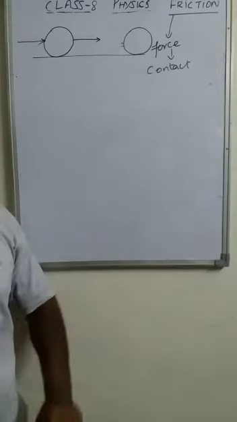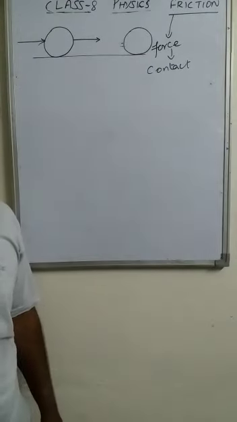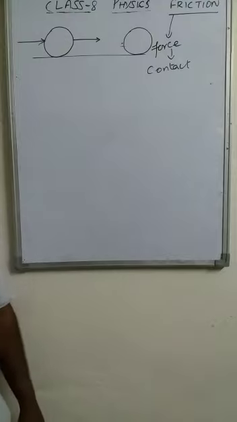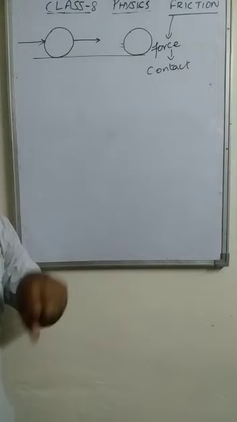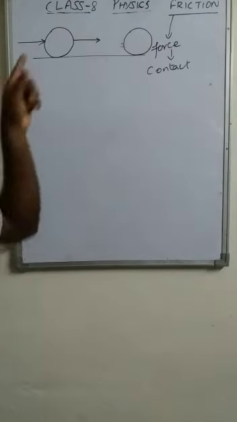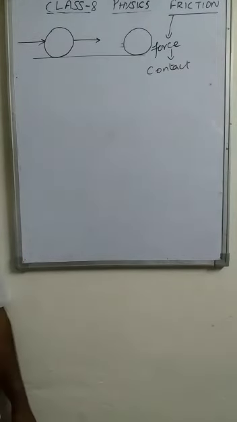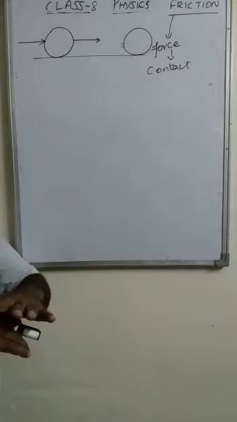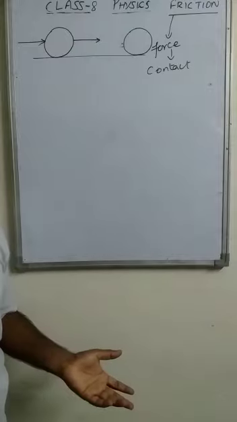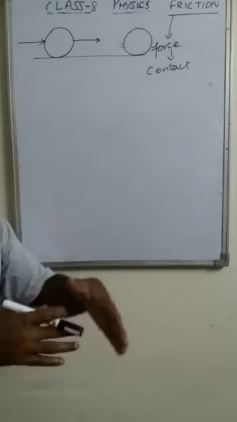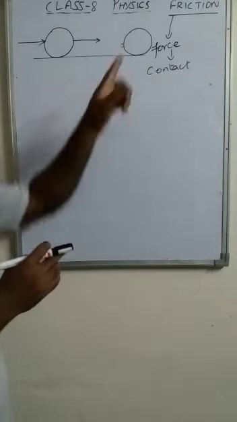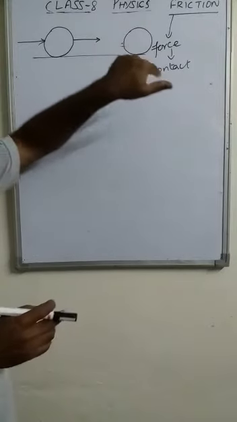To stop the ball, a force must be applied. So that means on the ball some force was applied. That's why it is stopped. The force is not coming from anywhere. No other forces are acting. But still it is stopped. It is because it is in contact, in touch with the ground.